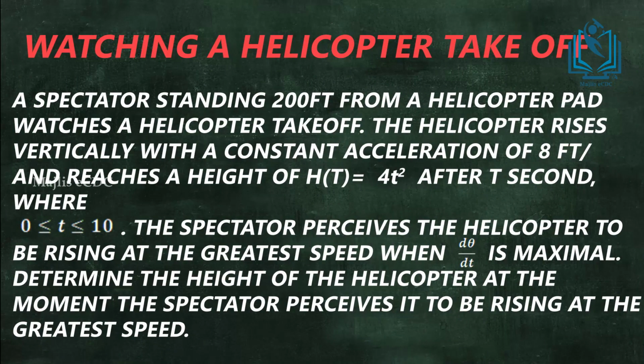Our problem: a spectator standing 200 feet from a helicopter pad watches a helicopter take off. The helicopter rises vertically with a constant acceleration of 8 feet per second squared and reaches a height of h of t equals 4t squared after t seconds, where 0 is less than or equal to t is less than or equal to 10.